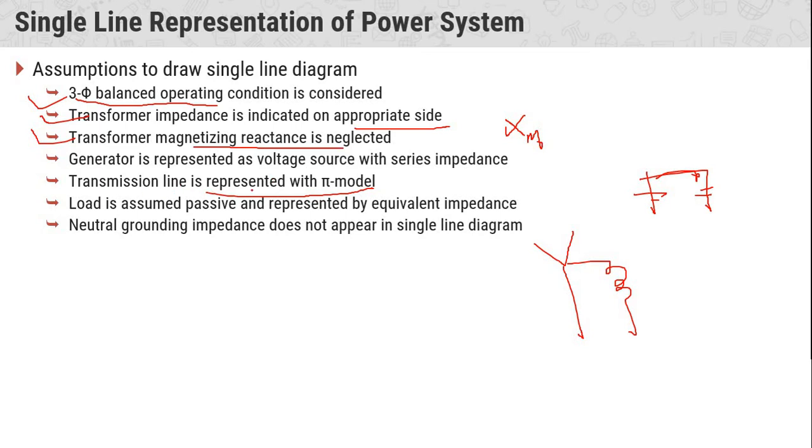Transmission line is represented with a pi model. Load is assumed passive and is represented by an equivalent impedance. Natural grounding impedance does not appear in the single line diagram. These are the assumptions to make before drawing a single line diagram of a three-phase system.